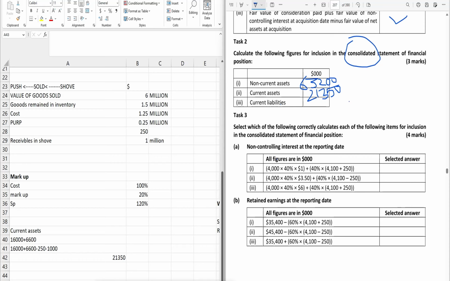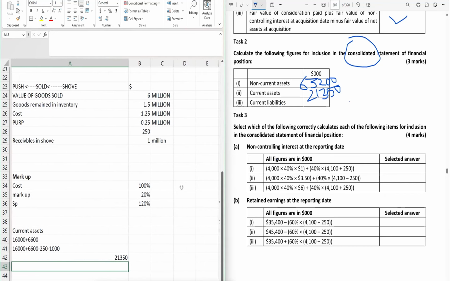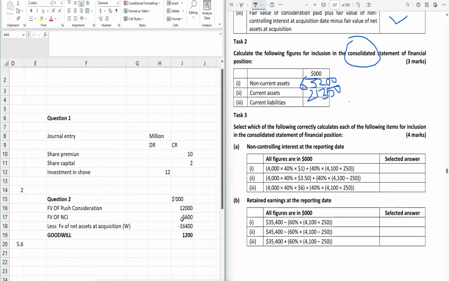What the question is asking: select which of the following correctly calculates each item for inclusion in the consolidated financial position. So, non-controlling interest at reporting date. While calculating the goodwill, how did we calculate the value of NCI? Here it is.